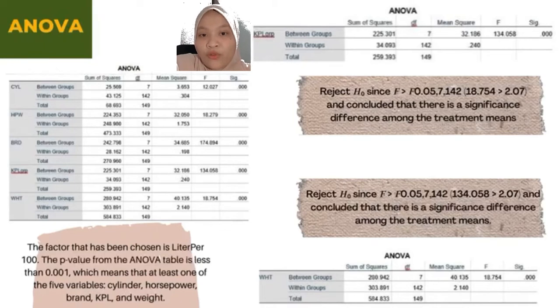For the weight ANOVA, since 18.754 is more than 2.07, we conclude that there is a significant difference among the treatment means. For the KPL ANOVA, since 134.058 is more than 2.07, we conclude that there is a significant difference among the treatment means.